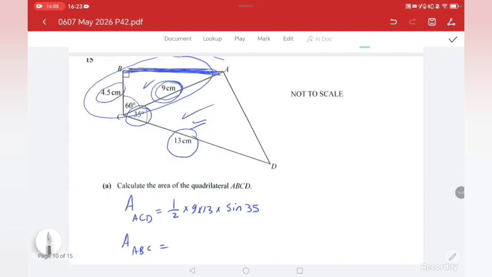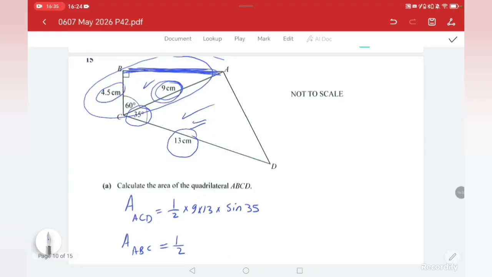But you can save your time and apply the same formula of non-right angle triangle, because a right angle triangle is a special case of the non-right angle triangle.